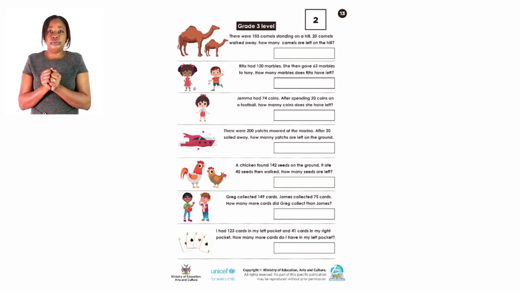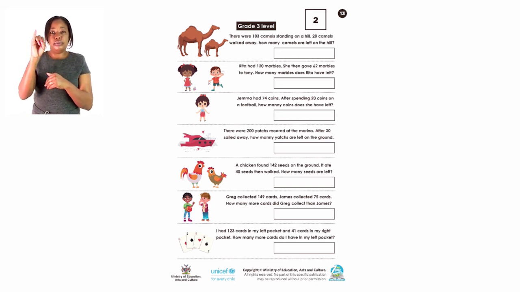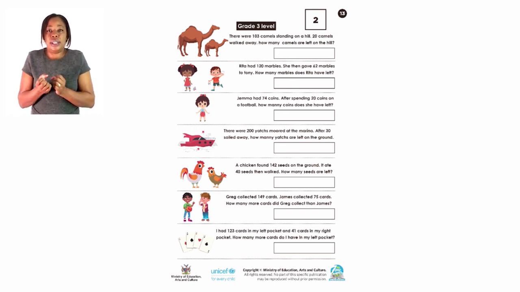You go to the second one. Rita had 120 marbles. She then gave 62 marbles to Tony. How many marbles does Rita have left? She was first having 120 marbles. And she decided to give to Tony how many? 62. So how many marbles is she still left with?